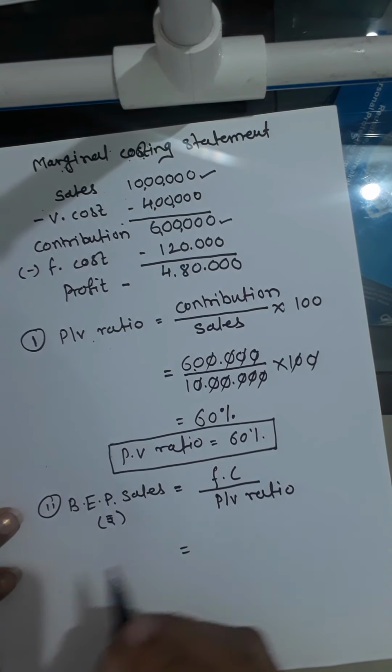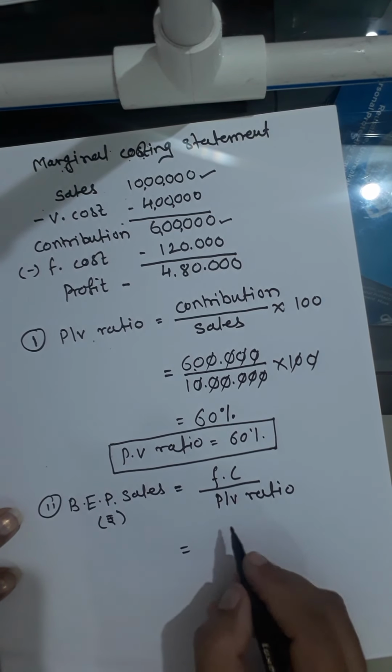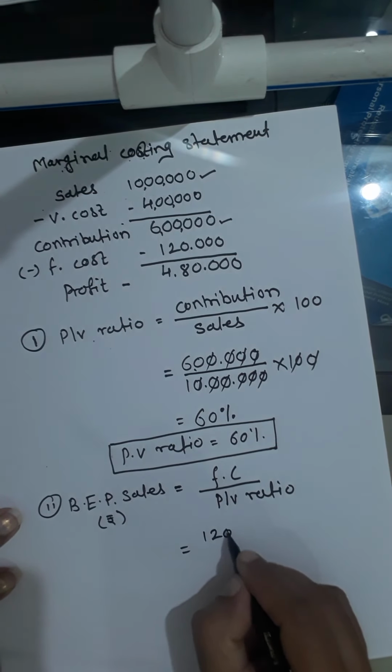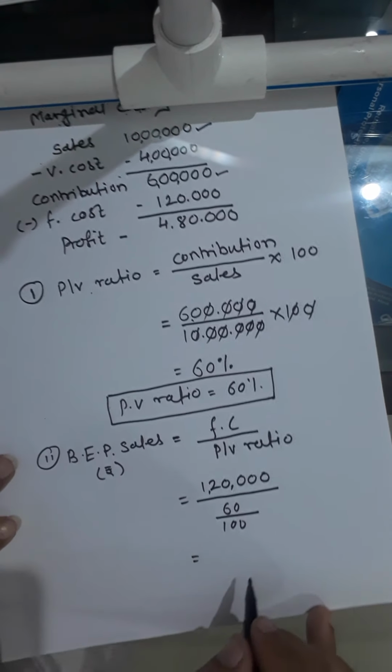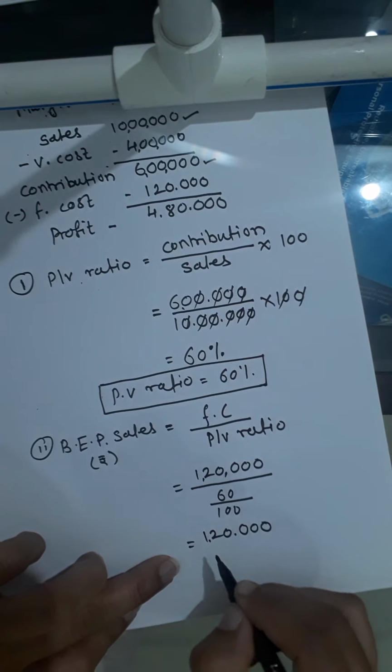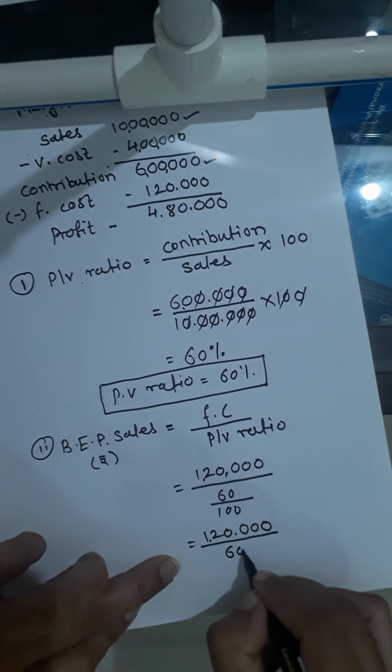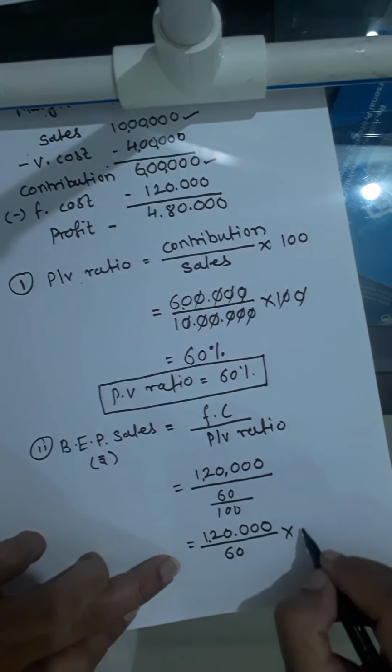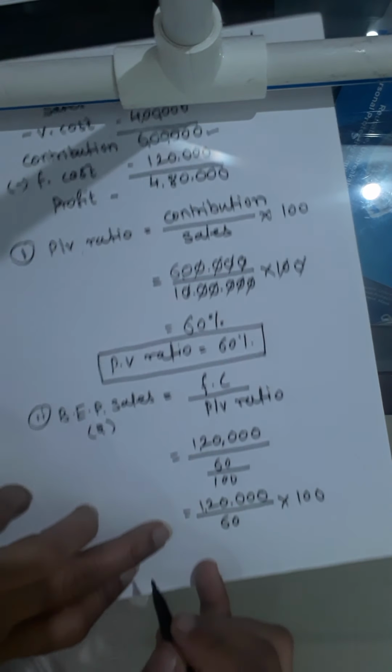So we'll take fixed cost here. Our fixed cost given in the example is 1,20,000. PV ratio is 60%. 60% means 60 upon 100. This 60 will remain as it is and 100 will go up as in multiplication.